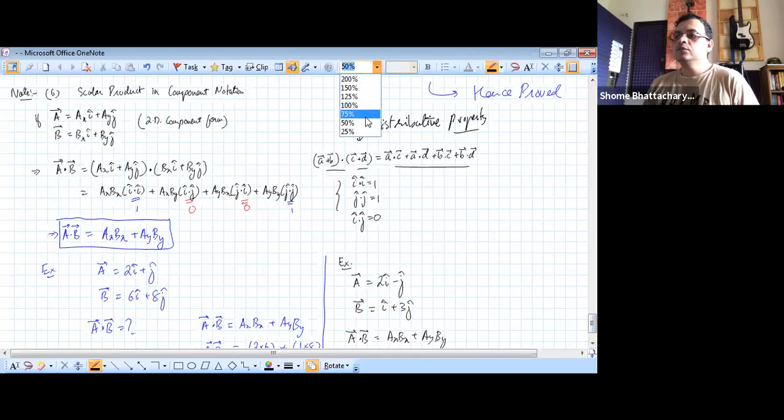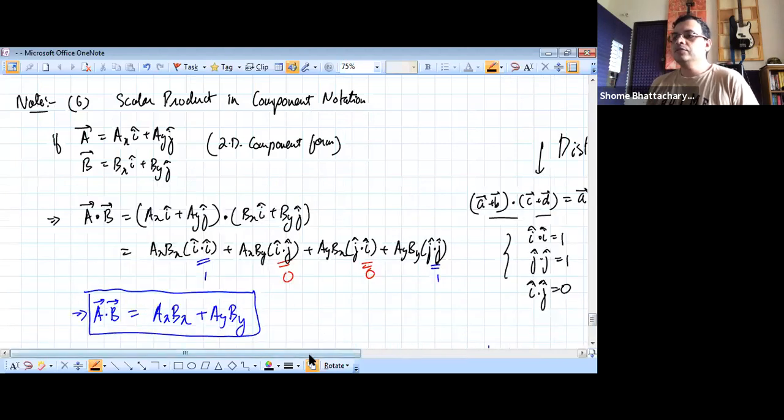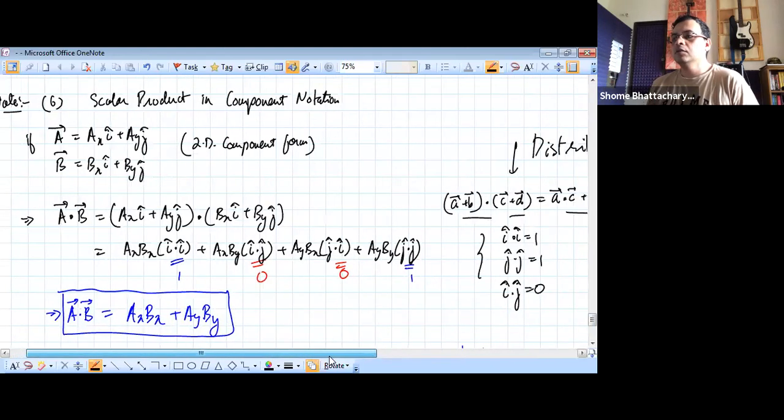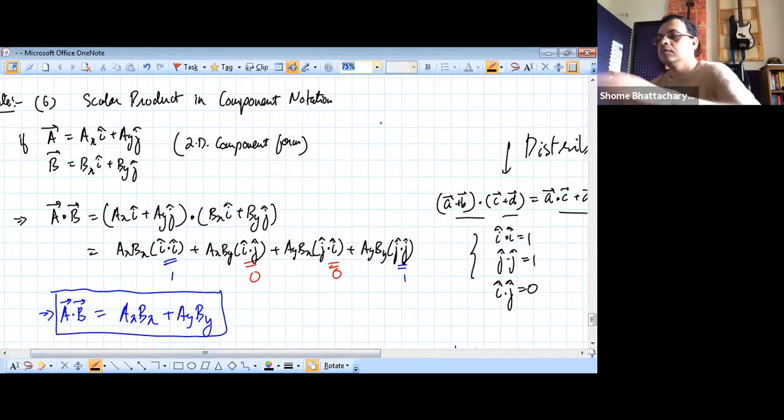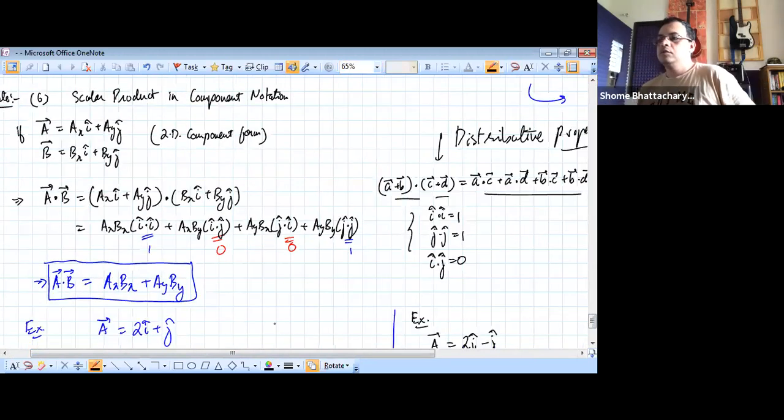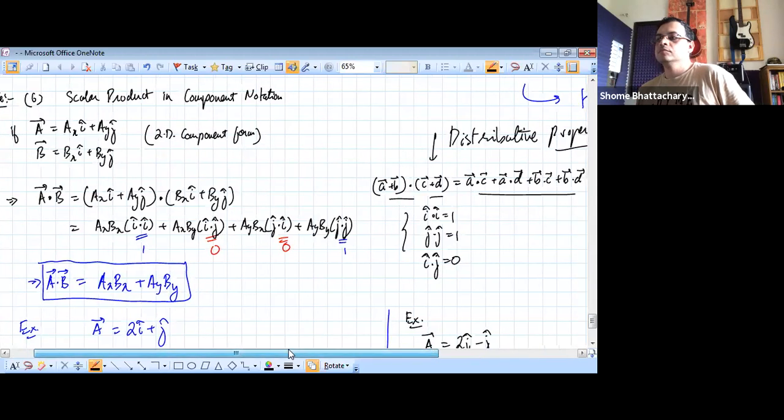So I'll just leave you to first write down the property itself, then come to the example. So this is extremely important because most of the time we are going to be calculating dot product of vectors given in component form.